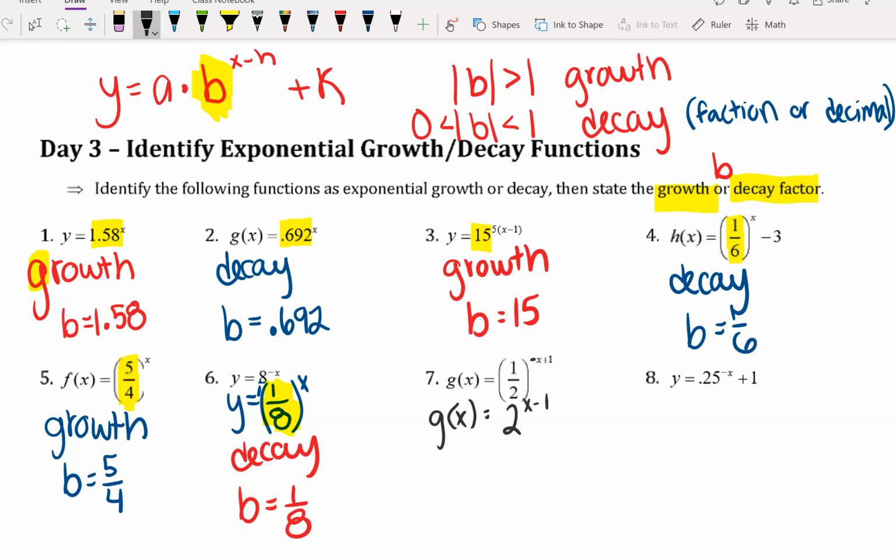I'm not going to get into that too much right now, but because we're getting rid of that negative, it's going to affect the negative there. But either way, the B value becomes 2, which means that this is growth.